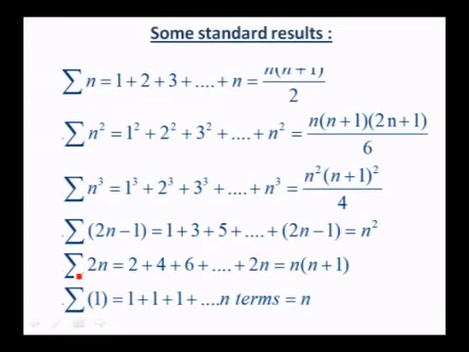Sigma 2n minus 1 is very important: when you add all the odd numbers 1, 3, 5 etc. up to 2n minus 1, you get n square. On the other hand, if you add the even numbers 2, 4, 6, up to 2n, you get n into n plus 1. Sigma 1 is also important. You feel like writing 1, but it is not 1. Sigma 1 to n terms, that is 1 plus 1 etc. up to n terms, is equal to n.